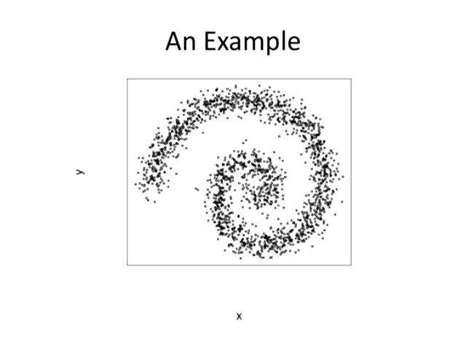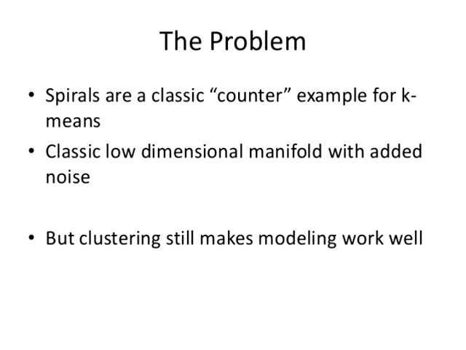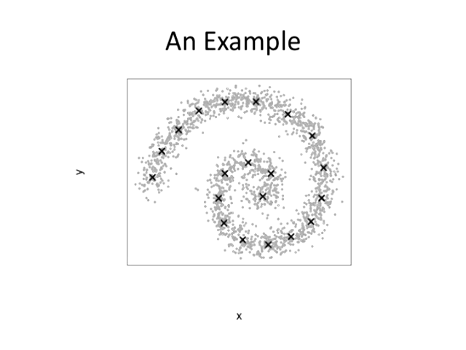Here's an example. This is a classic sort of thing that people say, oh, symmetrical clusters isn't going to do well on this kind of data. They're a classic counterexample for k-means clustering. They are, in fact, however, if you look at it, a very low dimensional manifold. It's a line with noise on it.